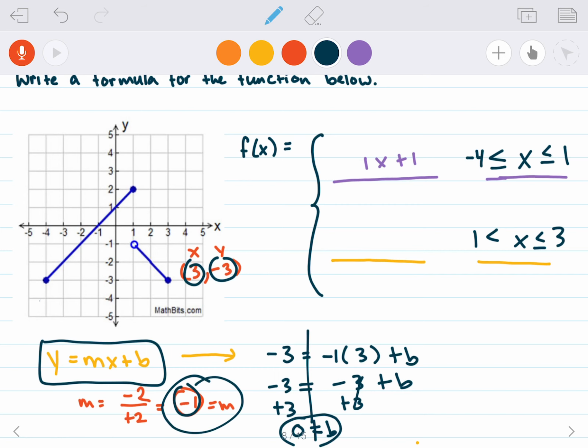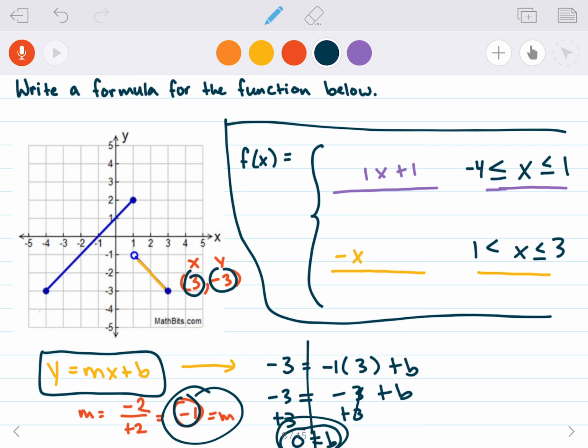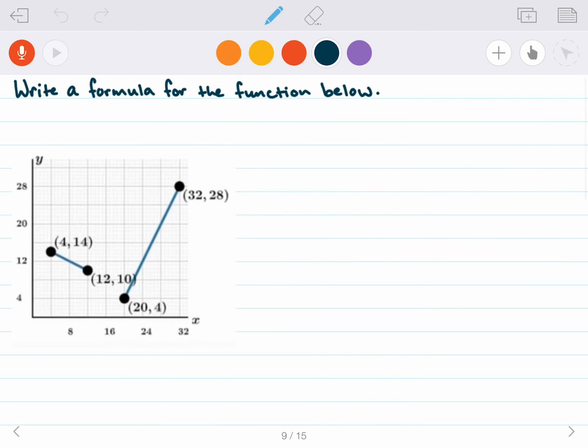And putting these two things together, my rule is going to be y equals -1x plus 0, but of course we don't have to write the plus 0. So that is the line that's this little line segment right here. And this is my rule. So that's how you can write a formula for a piecewise function.